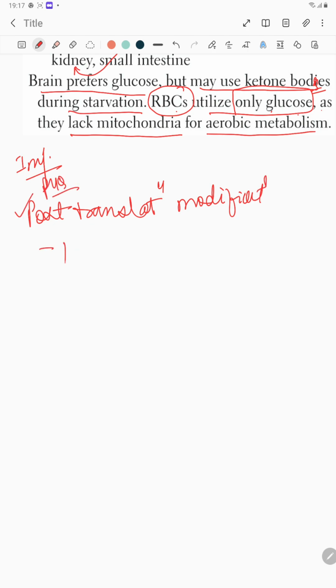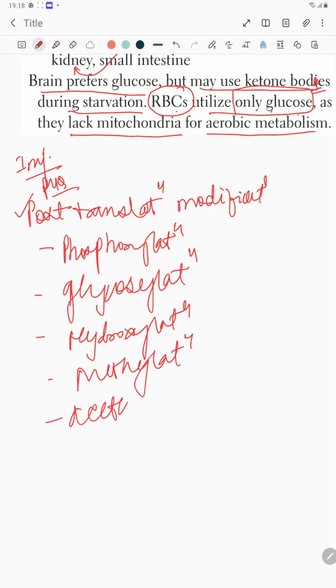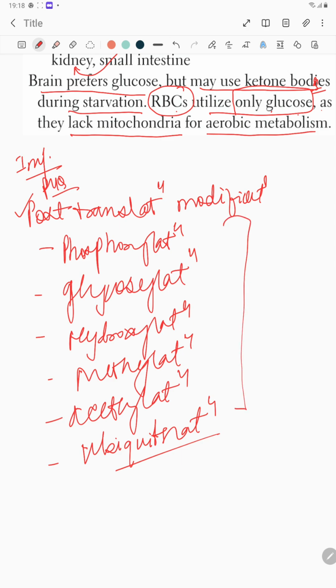Post translational modification includes phosphorylation, glycosylation, hydroxylation, methylation, acetylation, and ubiquitination. These are involved in post translational modification, the important one being glycosylation.